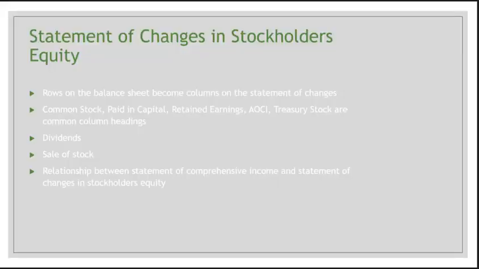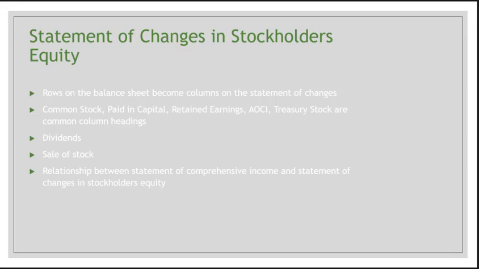So if we look at that, what happens is really the balance sheet, each item or amount on the balance sheet, we use the statement of retained earnings or statement of changes in stockholders' equity to show the changes in those items on the balance sheet. They can become columns, or as we'll look at in a minute in an example, they stay as rows.